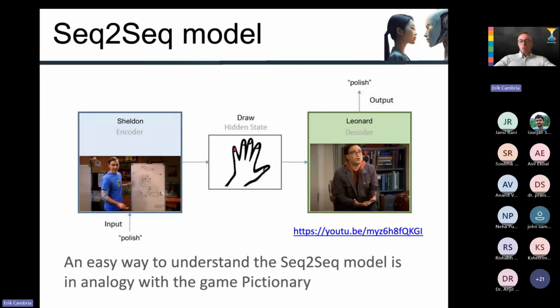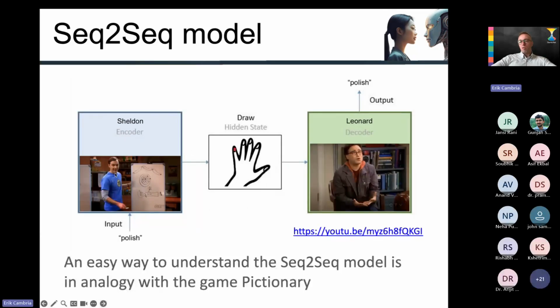The sequence-to-sequence model is also very interesting because in a way it is kind of cognitively inspired. It's like playing the game of Pictionary, where you have to read a piece of paper and then, without telling your friends, you have to draw what you read and your friends have to guess.